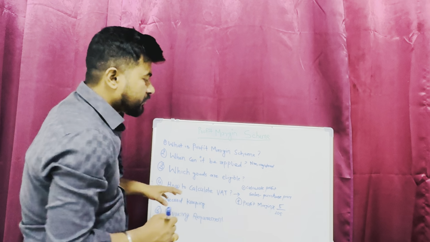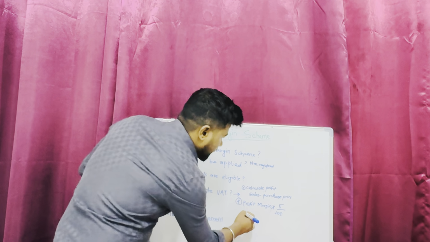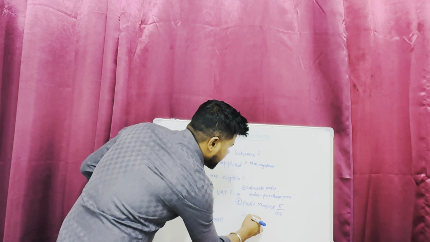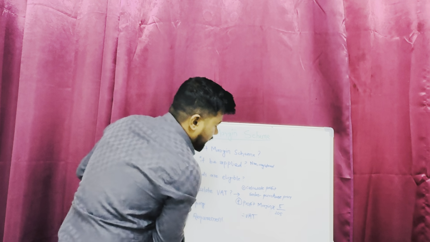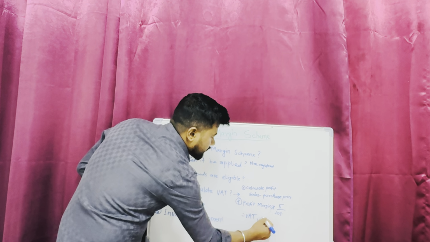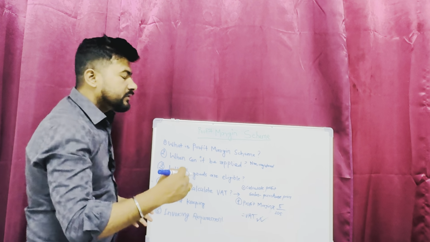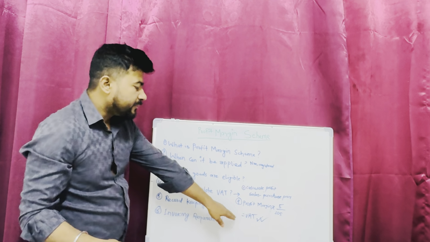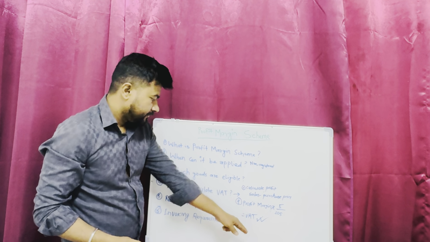So you will come to the VAT amount. Whatever amount it will be, this will be your VAT amount. This amount you have to pay when you submit your return.